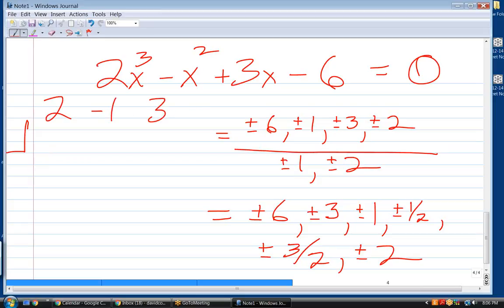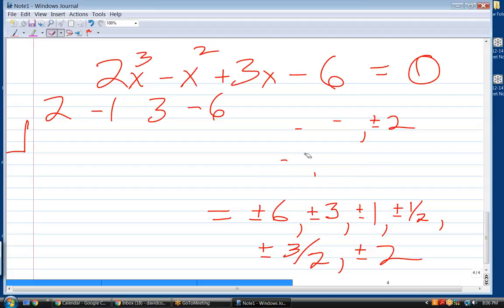you do synthetic division, right? Okay, let me erase some of this so it's not blocking my page. What's the easiest one to try to see if it's a solution? 1. And that's the only method I have. This is a trial and error process. I'm going to keep doing it until I get a remainder of 0.